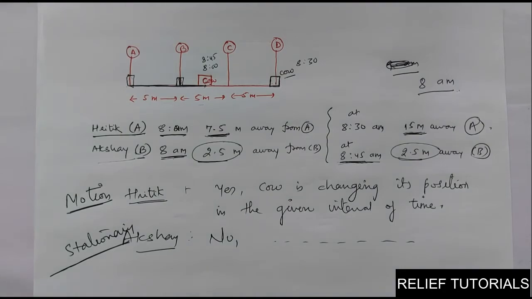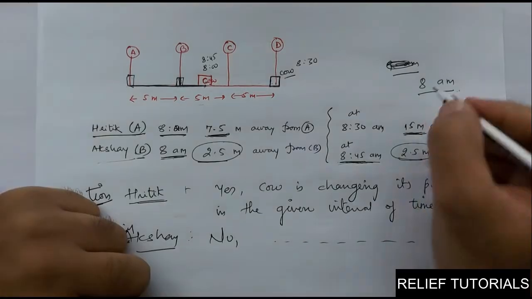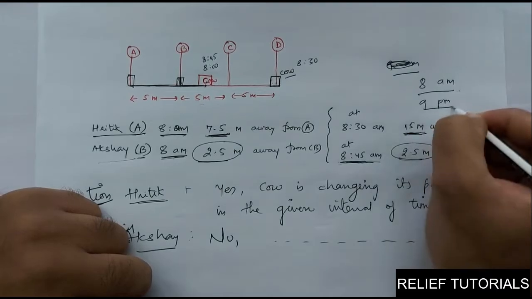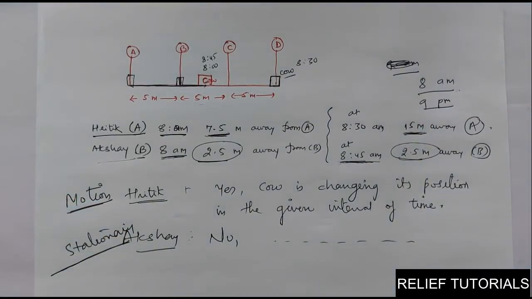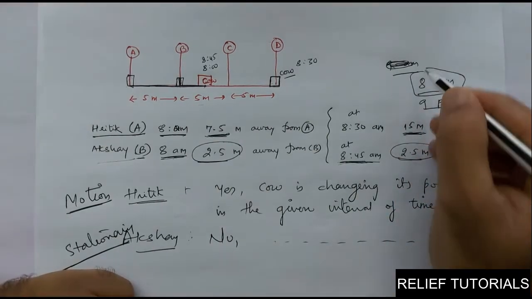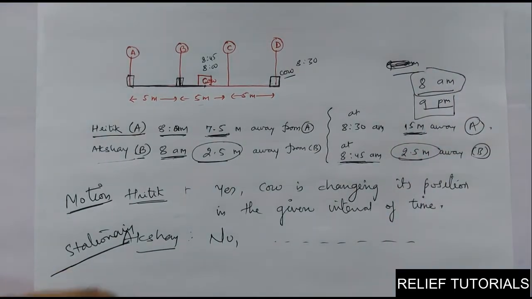Now at 9 p.m., at night, in the evening, what will you observe about your father? Maybe he is at home again. So the position of your father at 8 a.m. is at home, and at 9 p.m. may be at home.